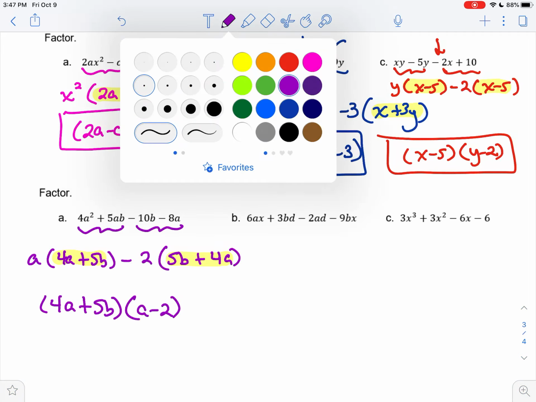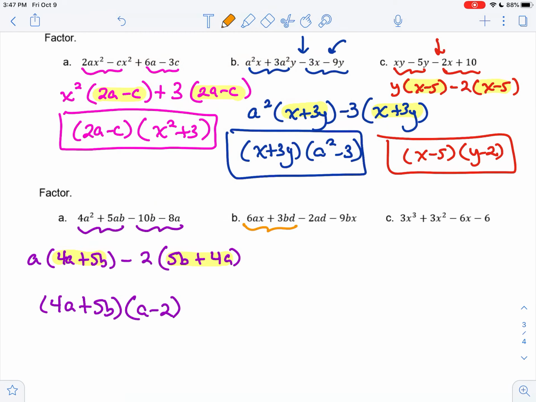Now part B, we have 2 terms that we'll group together, and then a second pair of 2 terms. So I see a 3, and I think that's it for the first expression. So 3 comes out, 2ax plus bd, minus the second expression.